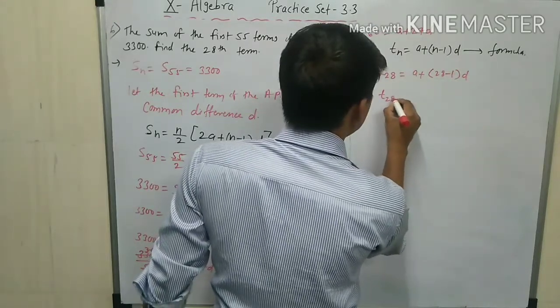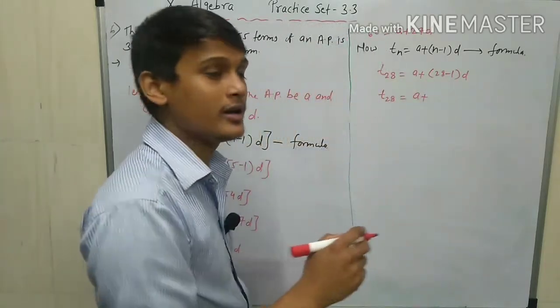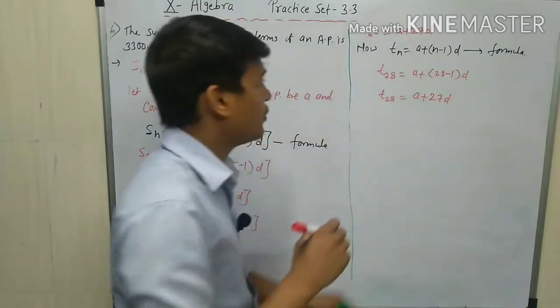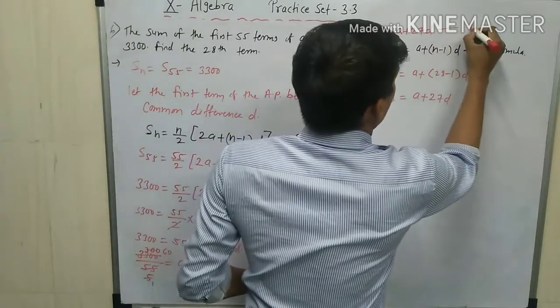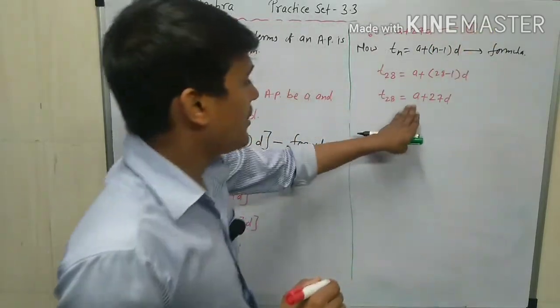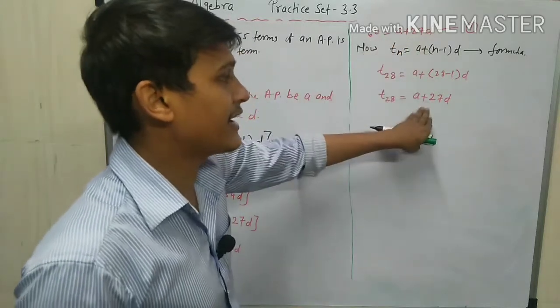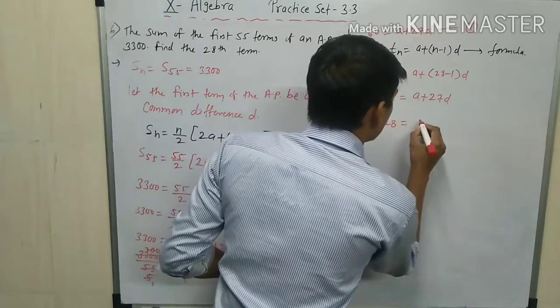Now T28 is equal to a plus, 28 minus 1 is 27, so 27d. Now look here, a plus 27d. We can write it, this is equation number 1. Now a plus 27d is equal to what? 60. We can write here 60. Now T28 is equal to 60.